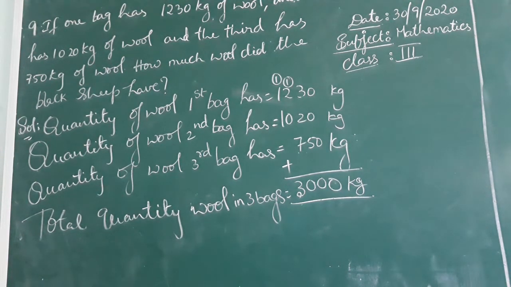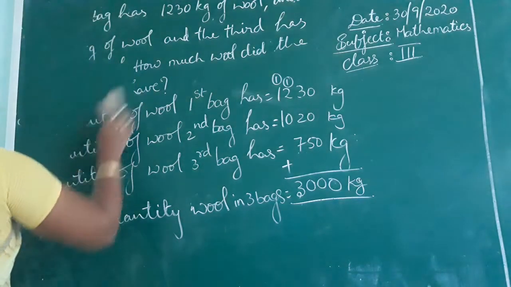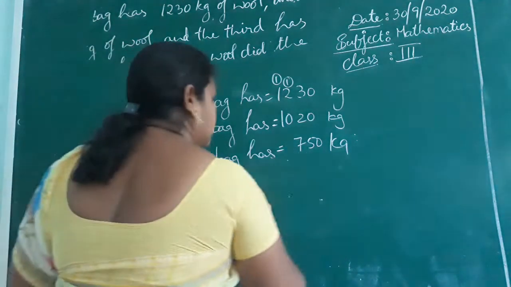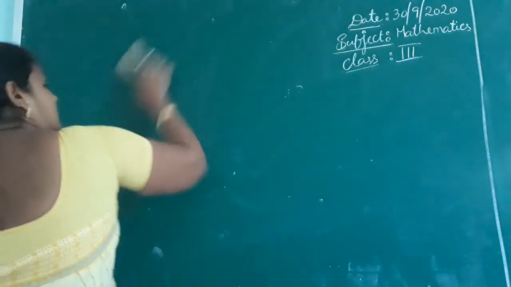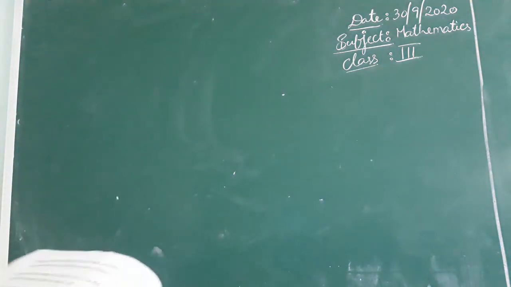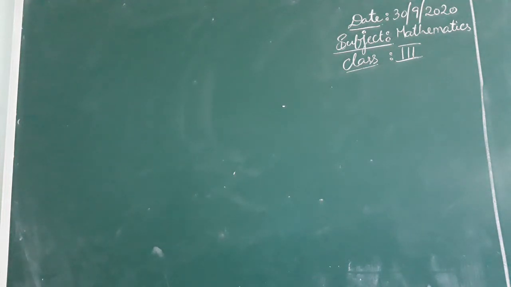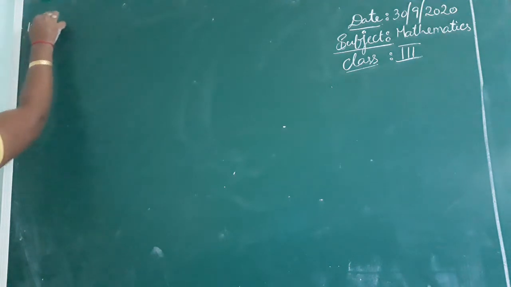Okay, see the last sum in this session. 10th one. In a school, they have some numbers of students. 3 sections are there: primary, secondary and middle sections. So the number of students is also given.